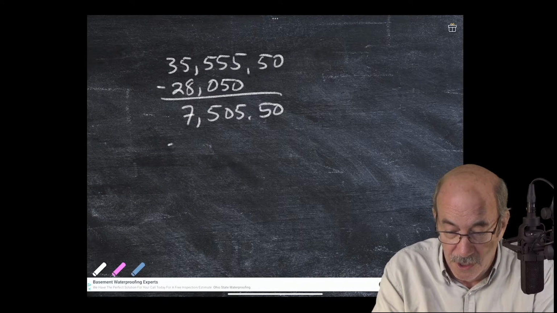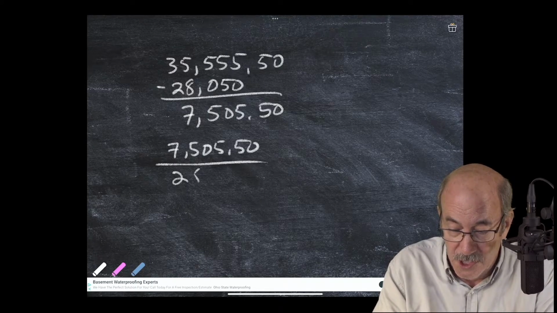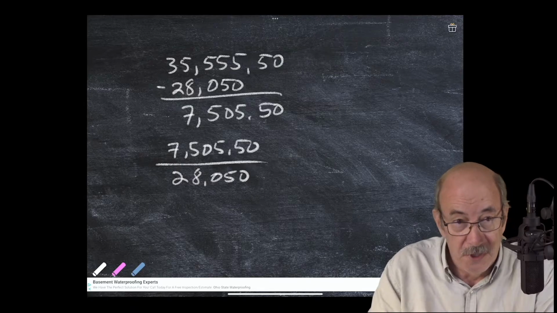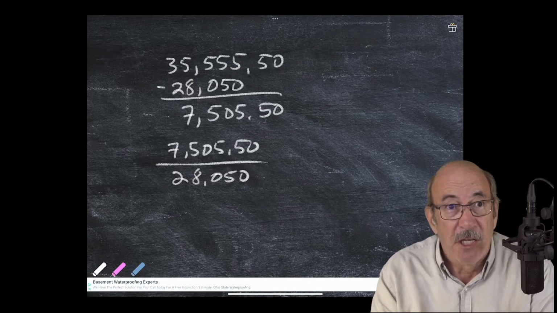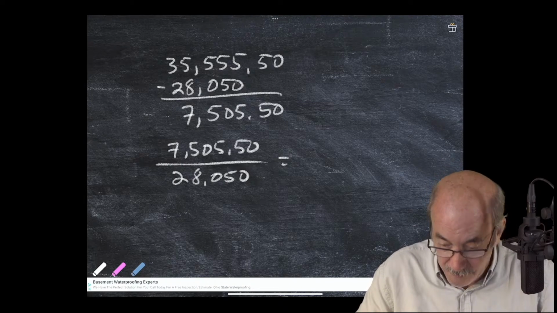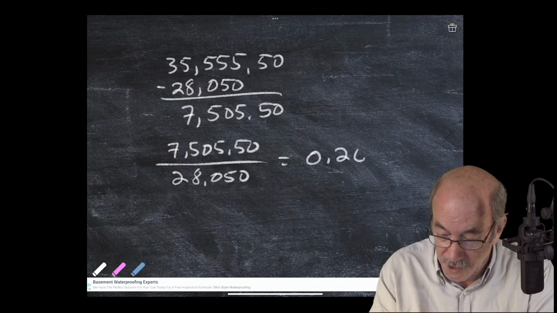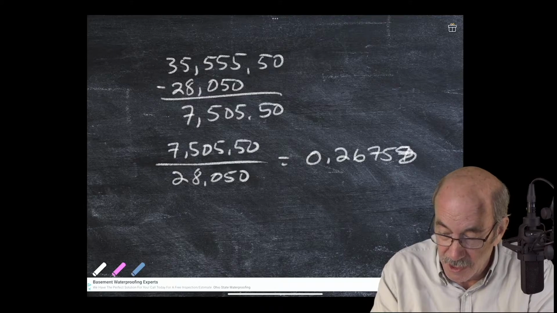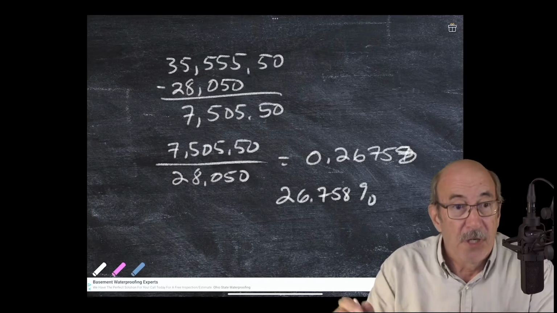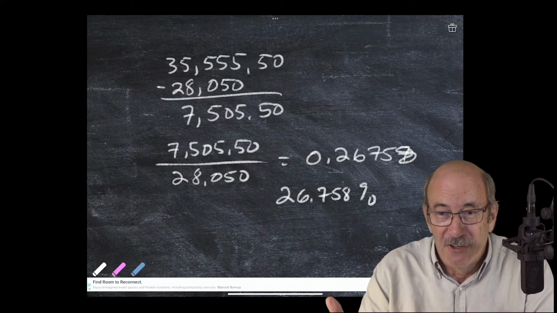So now my return is 7,505.50 divided by 28,050, which is my initial investment, also the same as my initial margin. And what's that give me? That's 26.758%. And since this is over a 1-year period, I don't even have to annualize it.